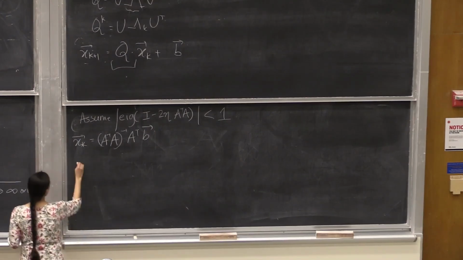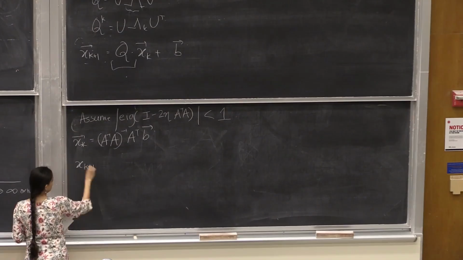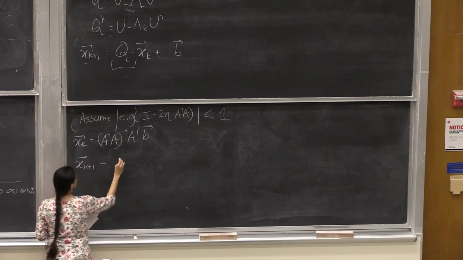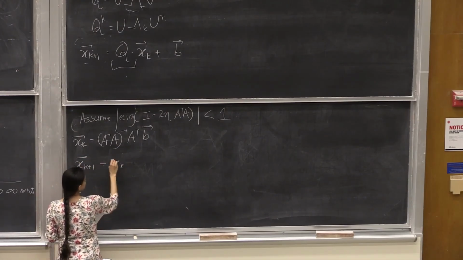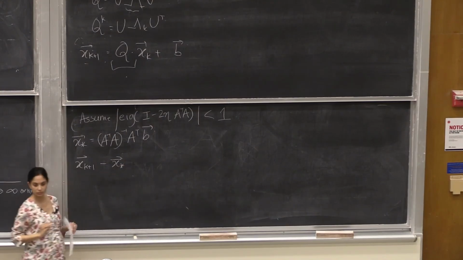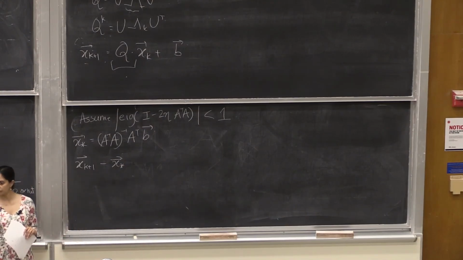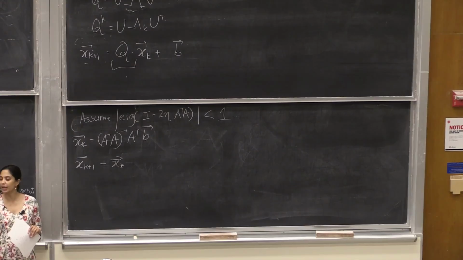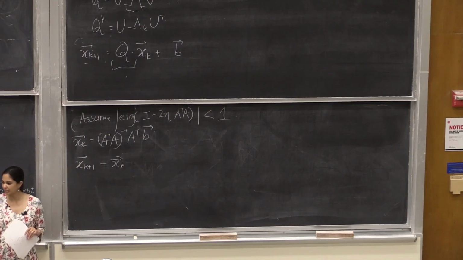So let's see, how fast are we approaching this solution? If I consider now x k plus 1 minus x star, I want to see how fast I am getting close to this. Does everyone see that that's the next natural thing that I want to do? How fast am I getting close to my actual solution?